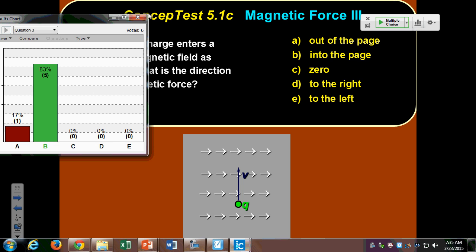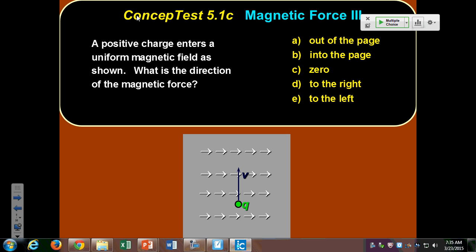Alright, B is right. So, fingers in the direction of V, or if you're doing your index finger, and then the magnetic field to the right, so your thumb points into the page.